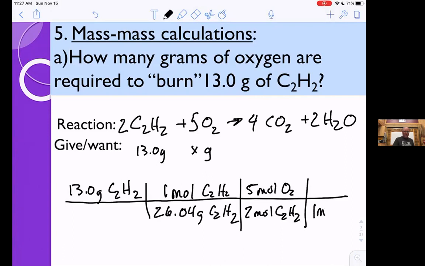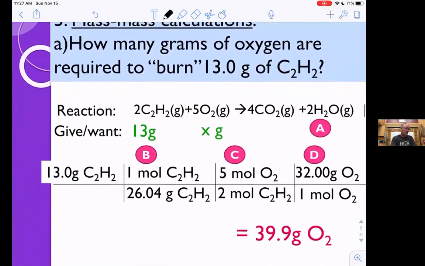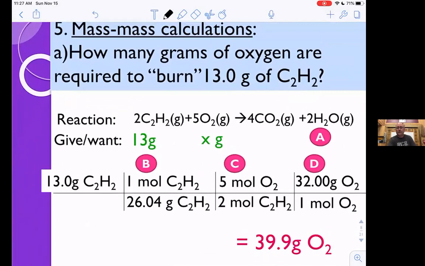And the molar mass of oxygen gas is 32.00. I would get my answer. I got 39.9 grams of oxygen gas. Hopefully you got the same thing. If I scroll up and check my work, yay, 39.9 grams. So set up the same way. Hope you guys did that one correctly.